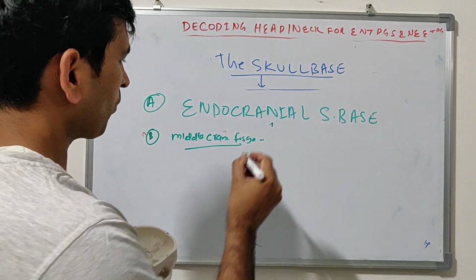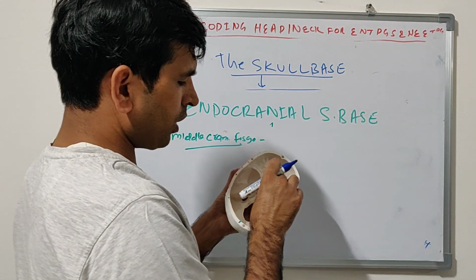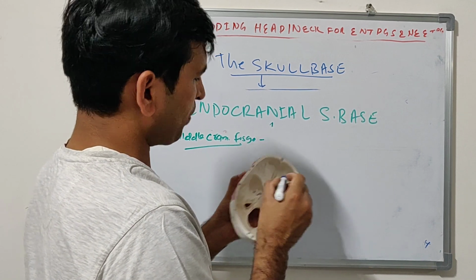In between the body and the lesser wing of the sphenoid you see the optic canal.